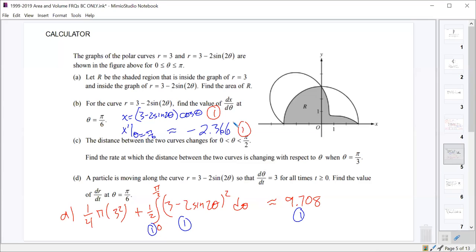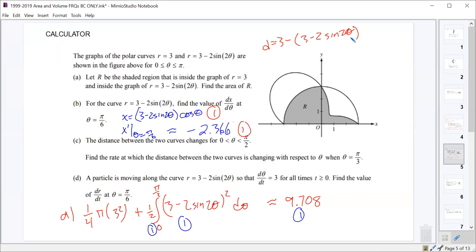All right. Part C, we got a distance between the two curves that is changing between 0 and pi over 2, obviously. We want to find the rate at which the distance between them is changing with respect to theta when theta equals pi over 3. So the distance between the two curves ought to just be the outer one minus the inner one. Right, so we'll say d is equal to 3 minus, and then what was it? 3 minus 2 sine 2 theta, right?